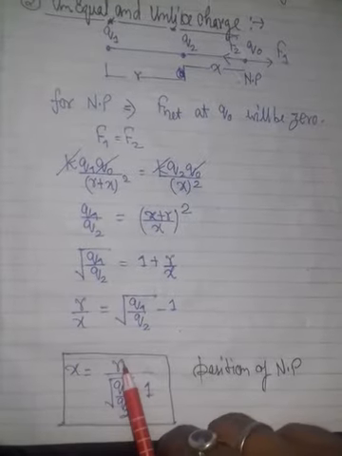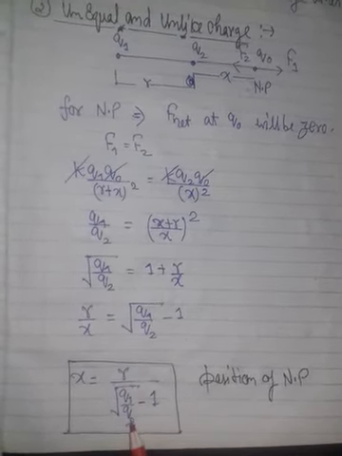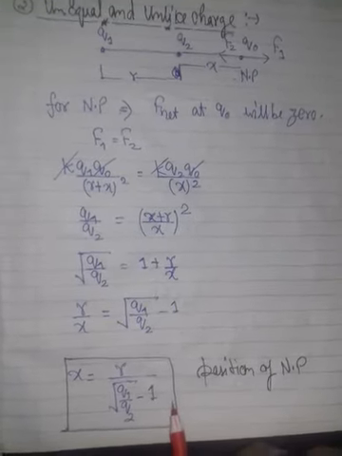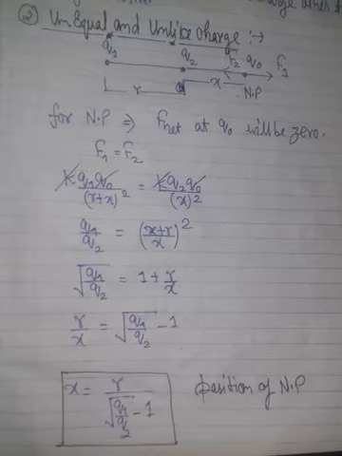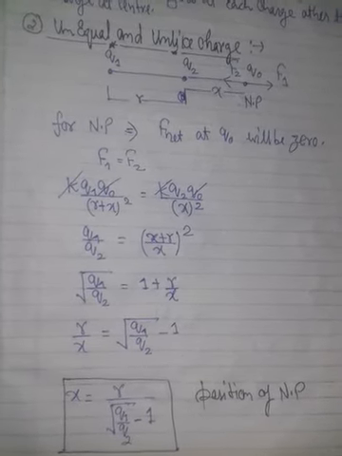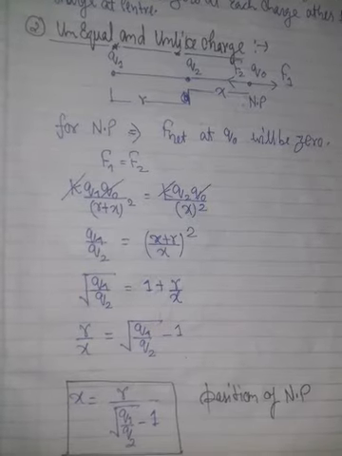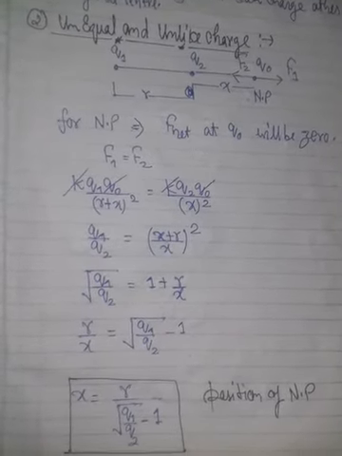This value is r divided by root q1 upon q2 minus 1, the distance from q2. And when we solve for q1, we add the distance between the q1 and q2 point charges.